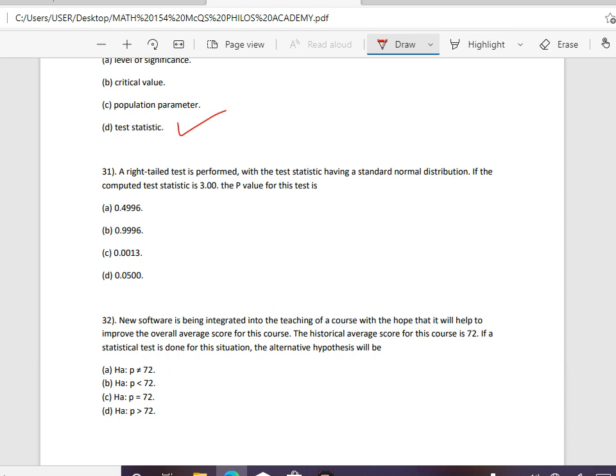The question says the computed test statistic is 3, meaning Z is 3.0, and we should find the p-value. It is a right tail test.